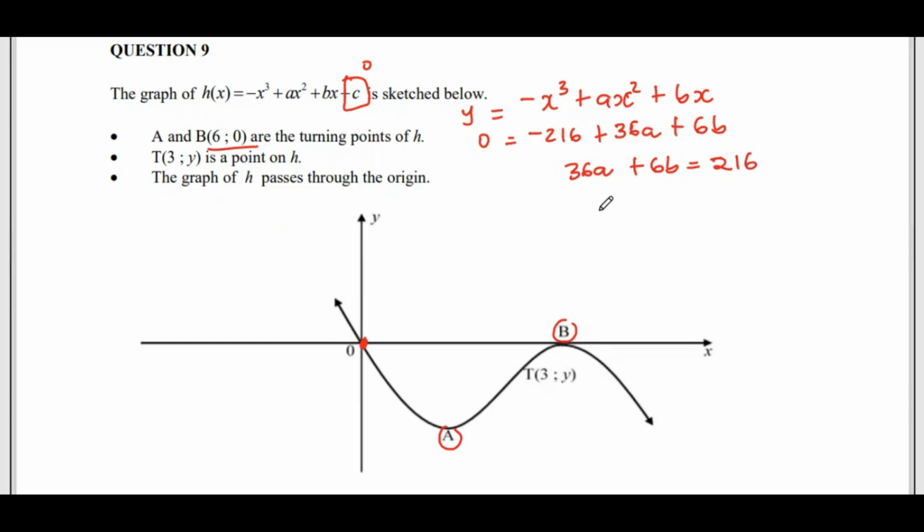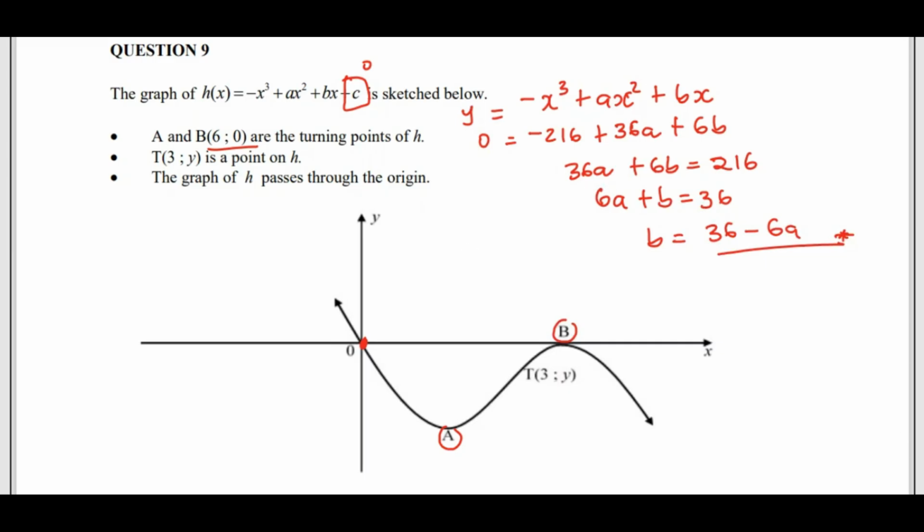I can divide through by 6. 6a plus b must give us 36, which is true. Then make b the subject, which is 36 minus 6a. Call this the first equation.